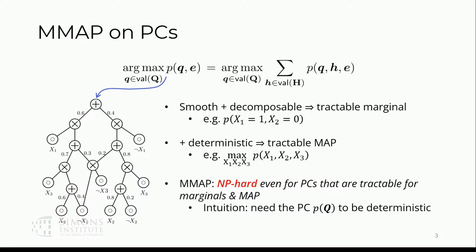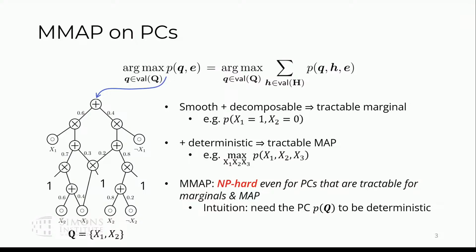How we compute marginals is, for instance, let's say your query variables are just x1 and x2 in this circuit over 3 variables. You replace all of the leaf nodes that you want to sum out with ones. In this case, they just all get multiplied into 1, so they basically disappear. In the resulting circuit, this is no longer deterministic.